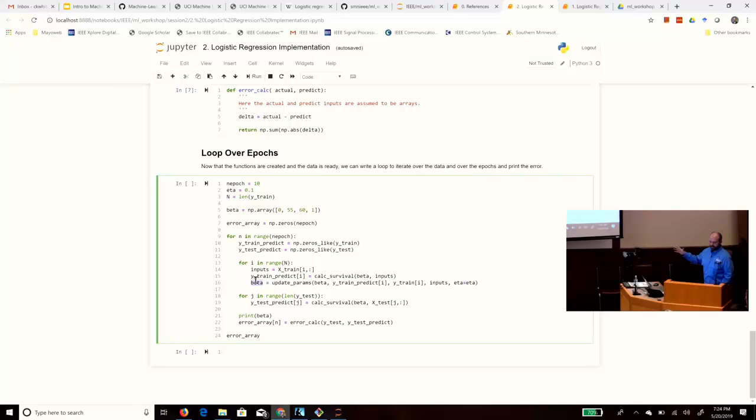We split our data up into training and test. And then we'll calculate the error based on how that test data performs with those beta values. Then we're going to print our beta values. We're going to store our error for that particular epoch in the array, and we'll loop through our number of epochs, and then at the end we'll print our error array as well, so we can see what happens.